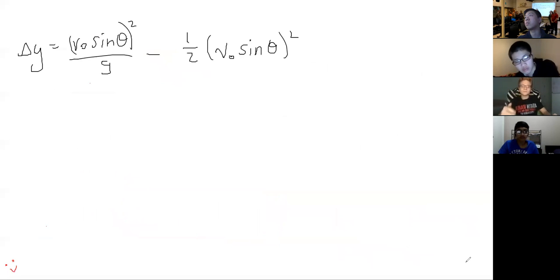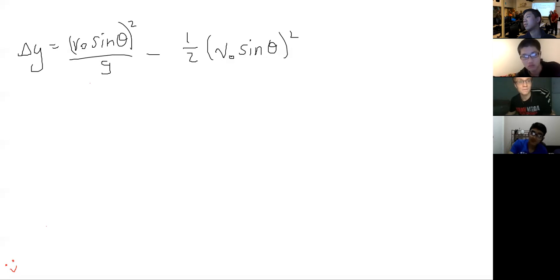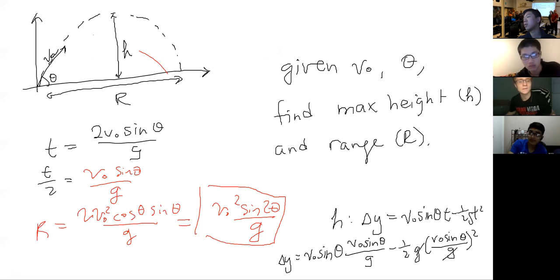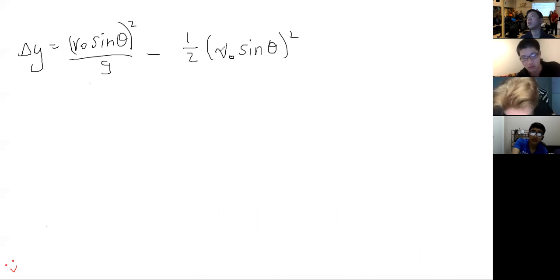All right, I am sensing that something went wrong here. Yes, as is common with our little derivation sessions. Why are we squaring v naught sine theta? So times t over 2 minus half g, maybe this isn't wrong.